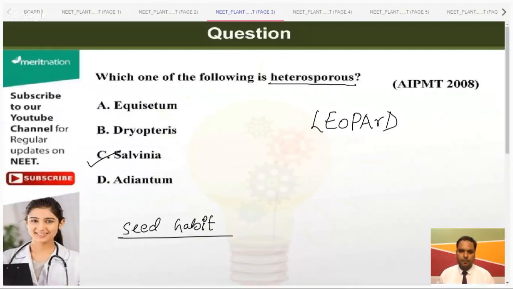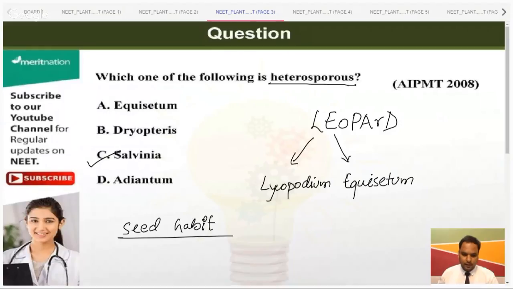Leopard. L for Lycopodium. E for Equisetum. P for Pteridium. And D for Dryopteris.